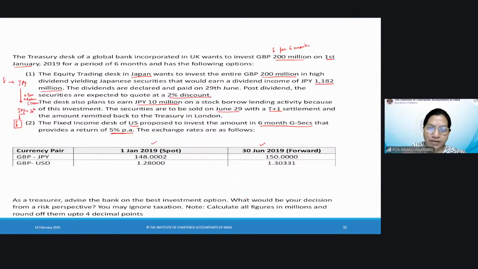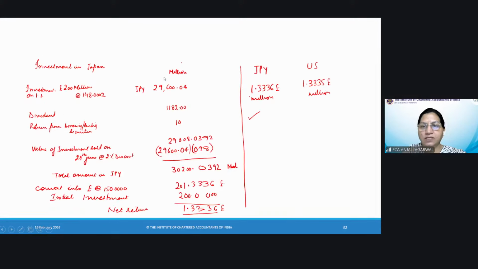And if you look at the decision from the risk perspective, G6 means government securities. Equity means Japanese trading desk, equity in Japan. So equity is always higher at risk. The risk is higher. And this is government securities or GSEC. Risk is low.